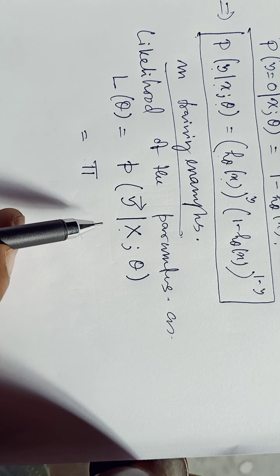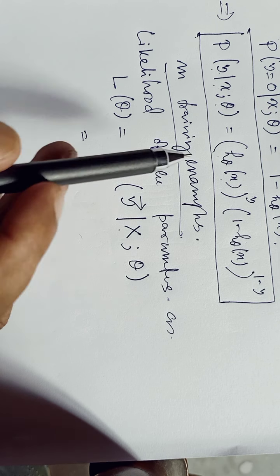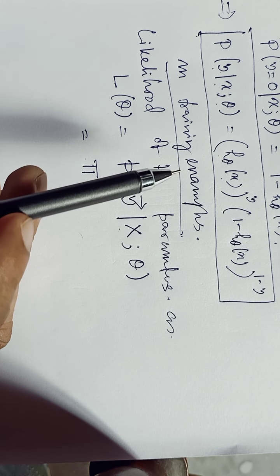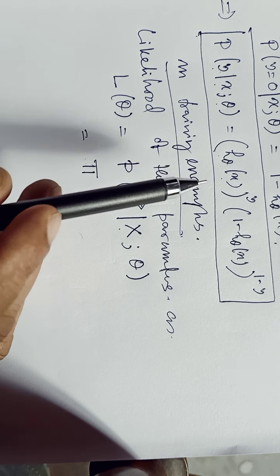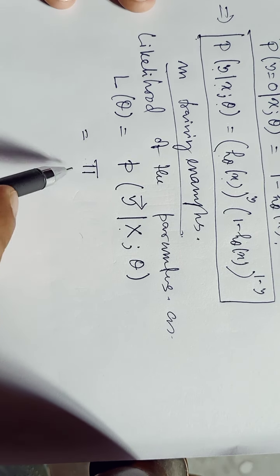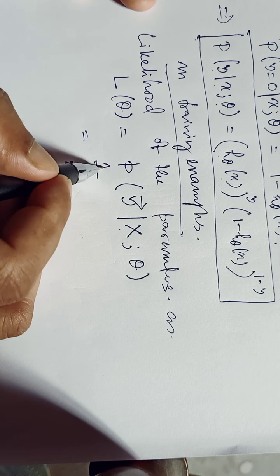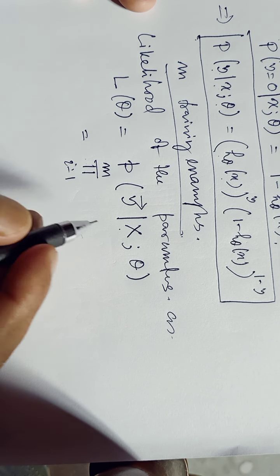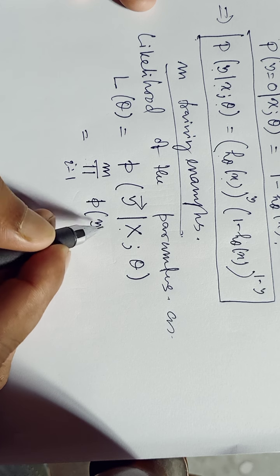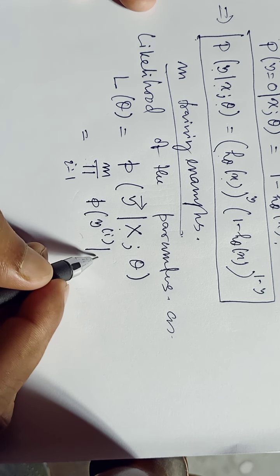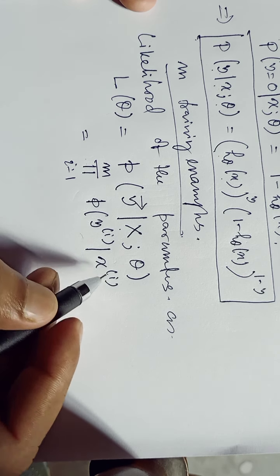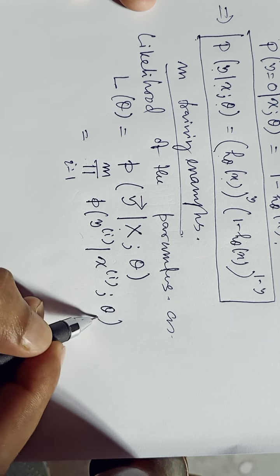We find the probability of the matching and multiply them. So this is the product over i equals 1 to m of the probability of the ith y for the ith x parameterized on theta.